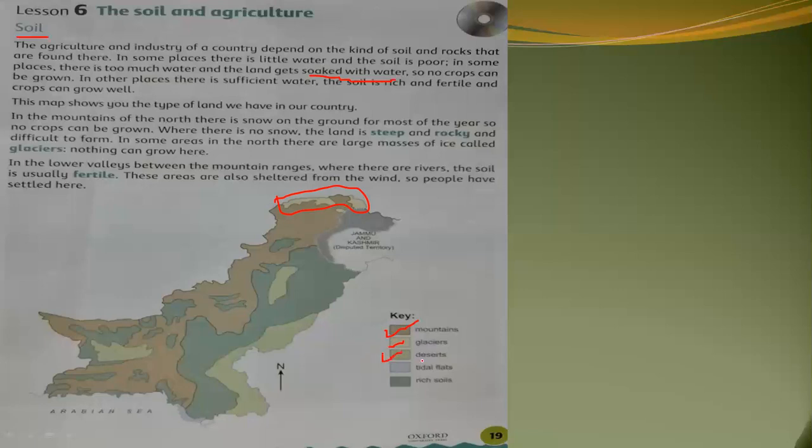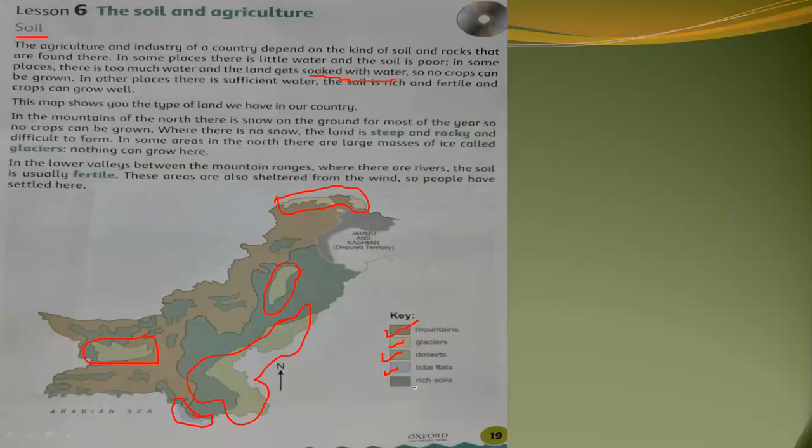This is the third one, deserts. This area, this one, and down this side, over here, this one, we have desert area. Crops cannot grow over there. This one, this is the tidal flats, along with the coastal line area, this side, and upwards on that side.